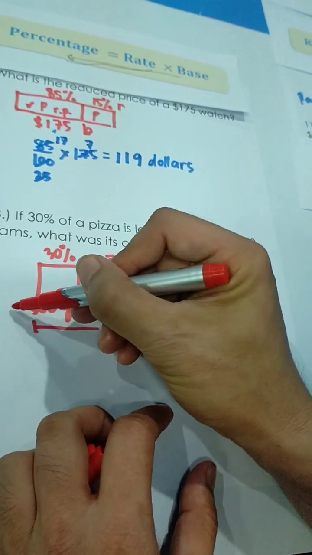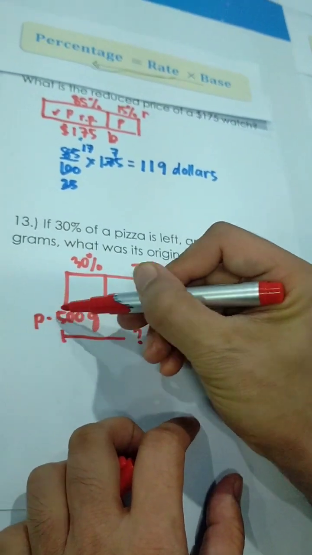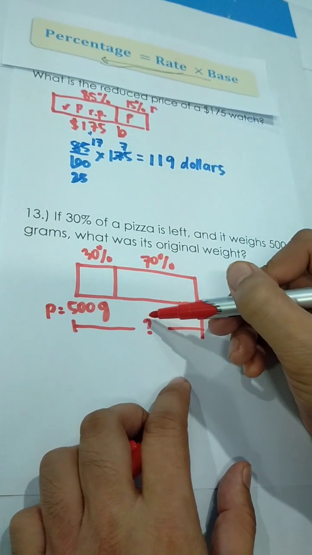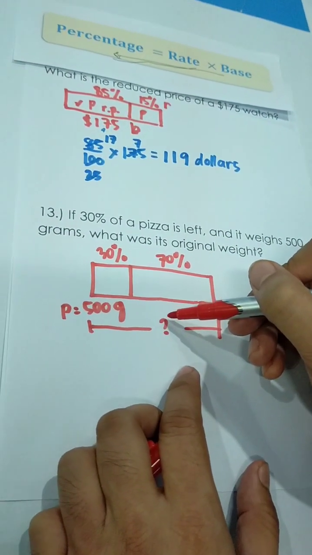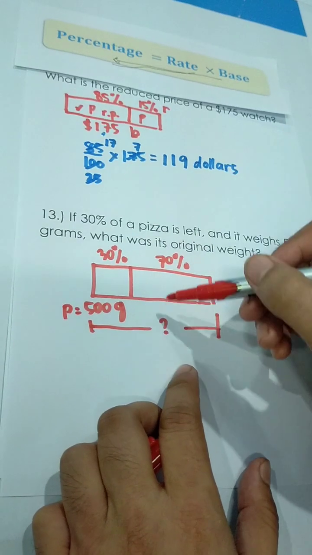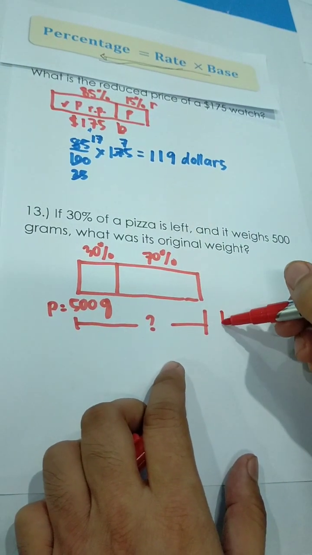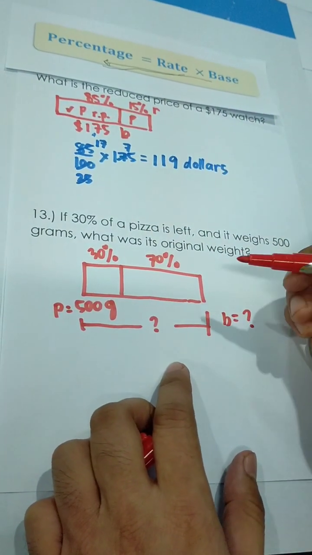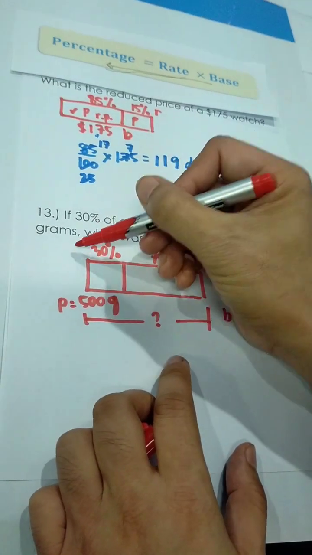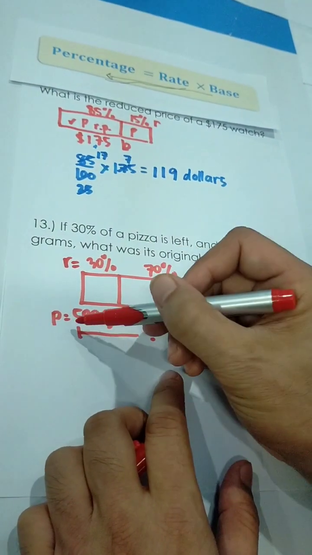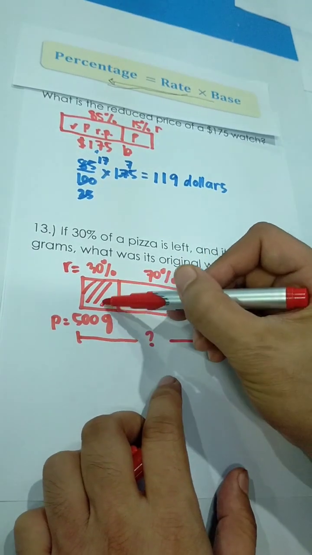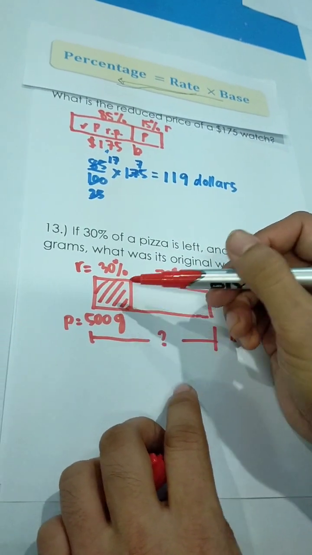Now this is the percentage. The base is unknown. So we're looking for the base in this problem. So what are the given? We have the rate, we have the percentage, regarding this part that is left.